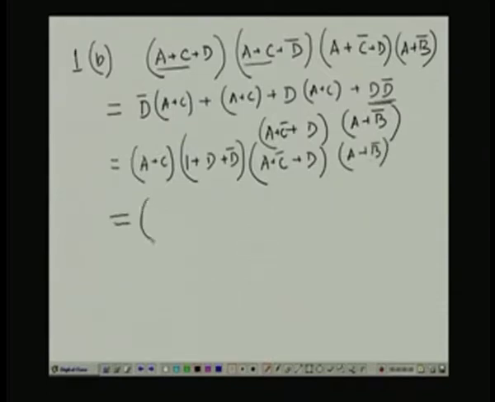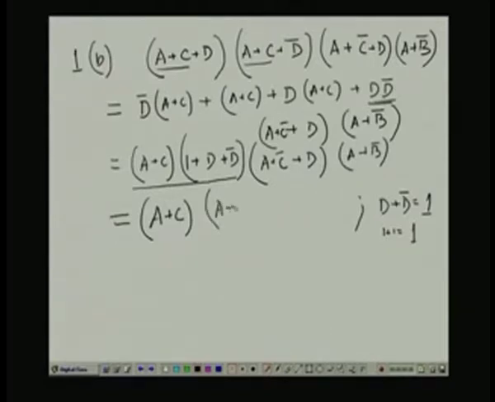Now, this becomes A plus C because D plus D bar is 1 from the basic postulates, and 1 plus 1 is 1. So, these terms simplify to A plus C.